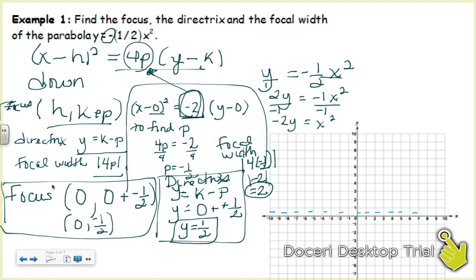Here is my focus. And I'll have a width of 2 at that value that I have, so I'm going to kind of make the parabola kind of do that, sketching wise.